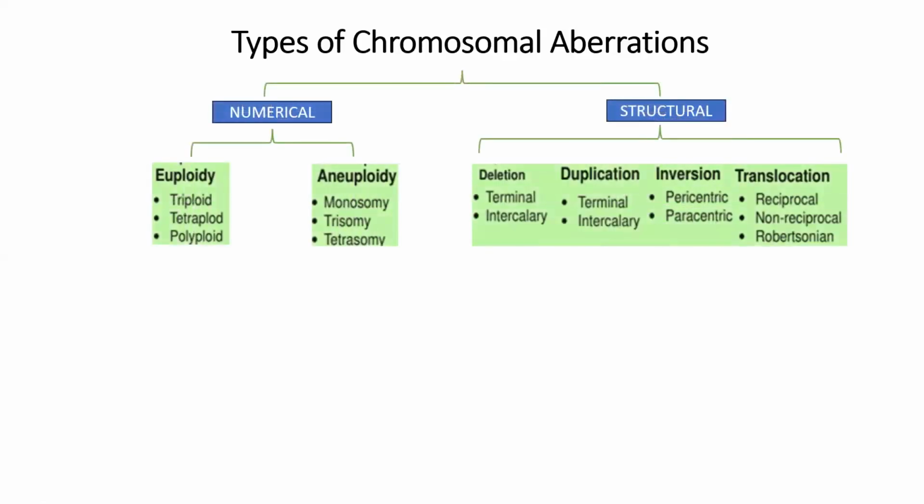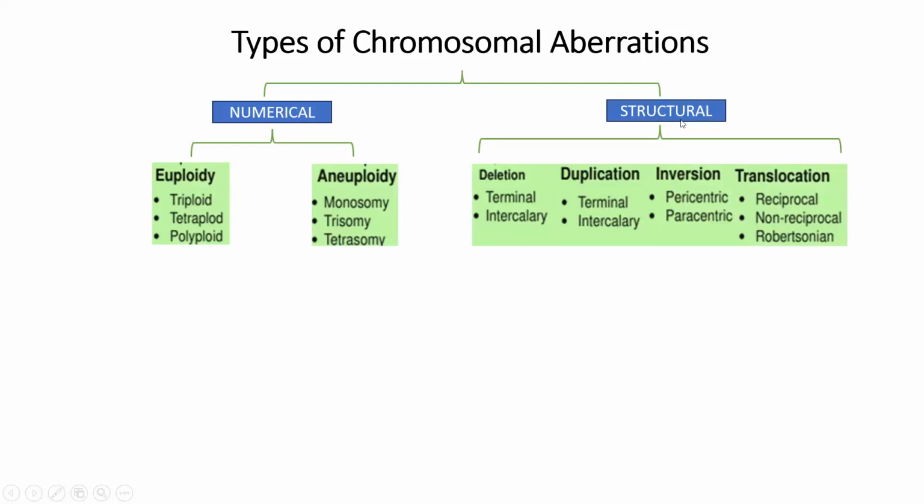Now, the types of chromosomal aberrations. If you observe here, these are divided into mainly two types. First is the numerical and second is the structural. The numerical is further divided into euploidy and aneuploidy. Under euploidy: triploid, tetraploid and polyploid, and under aneuploidy: monosomy, trisomy and tetrasomy.